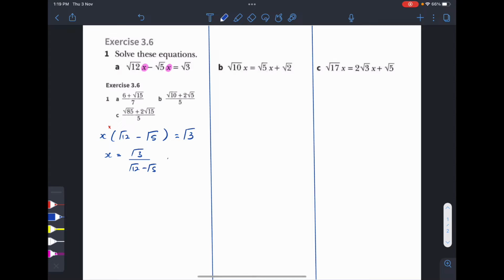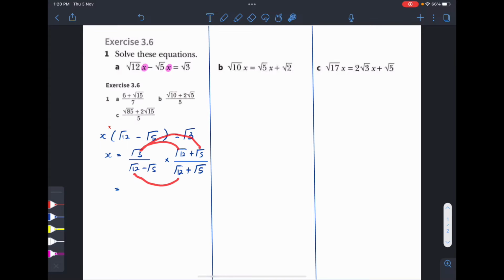We multiply by root 12 plus root 5 over the same thing, root 12 plus root 5. Now you need to multiply the roots together, so follow my laser pointer here. The root 3 must multiply root 12, and root 3 must multiply root 5 as well. And it's the same with the bottom.